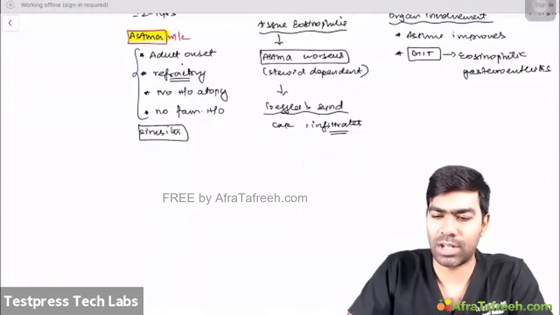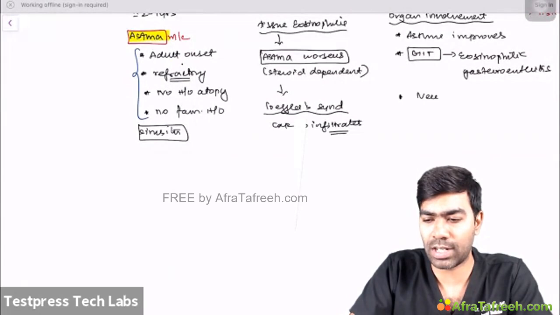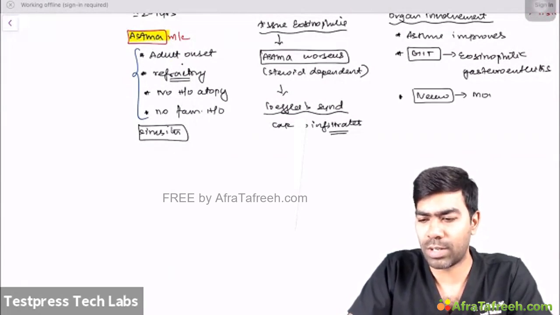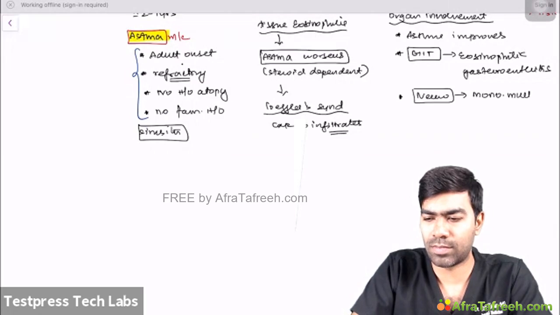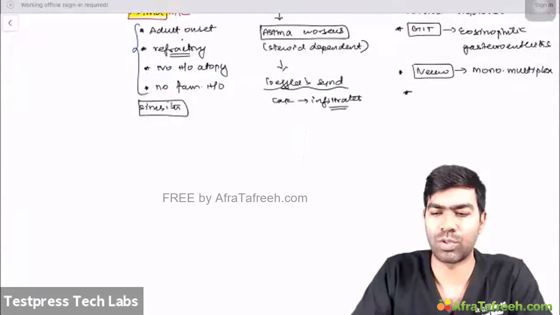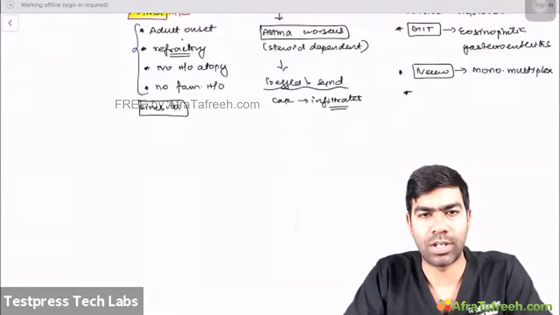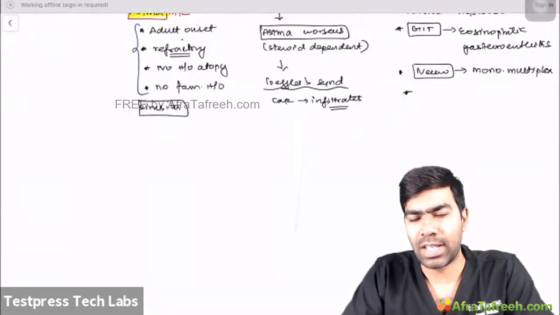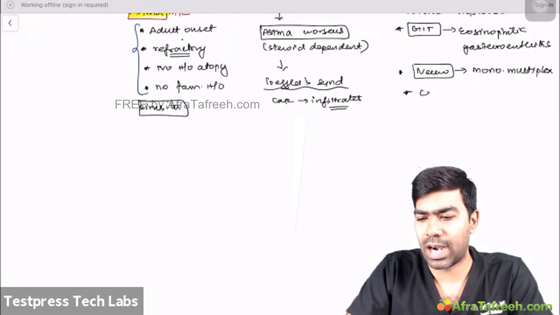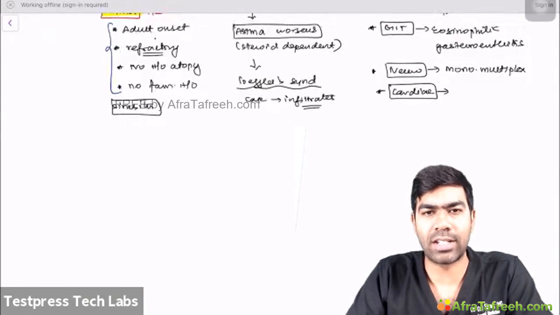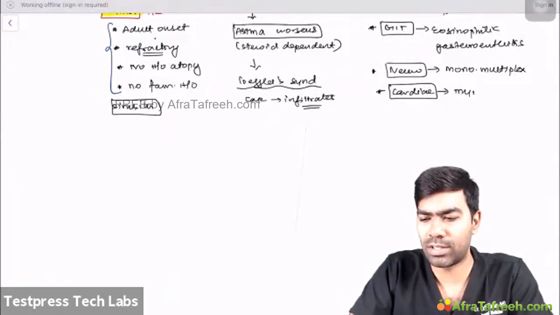And apart from that, they can have neurological involvement, and the classic neurological involvement is going to be mononeuritis multiplex. Very classic in exam. More than vasculitis, mononeuritis multiplex in exam goes towards Churg-Strauss syndrome only. Apart from that, they can result in cardiac involvement. Cardiac involvement can result in the development of myocarditis.